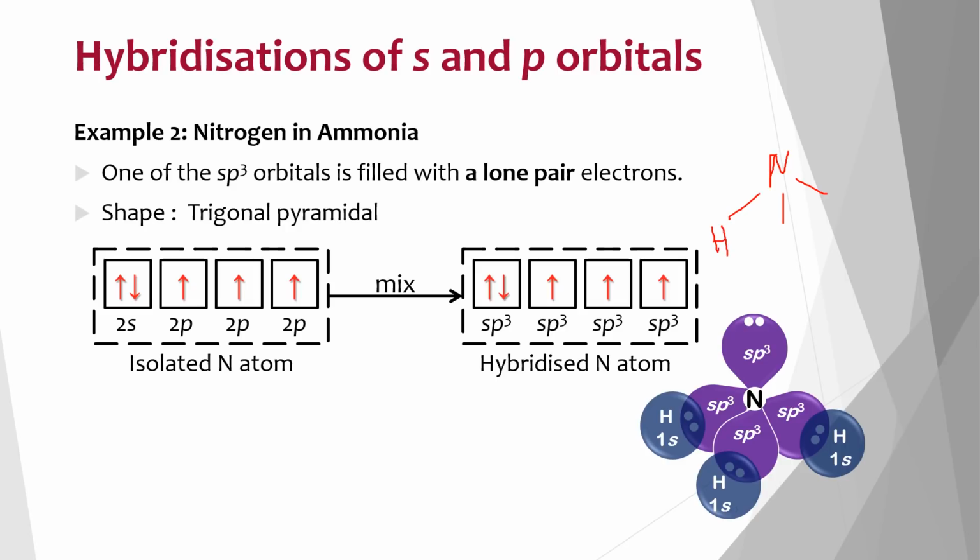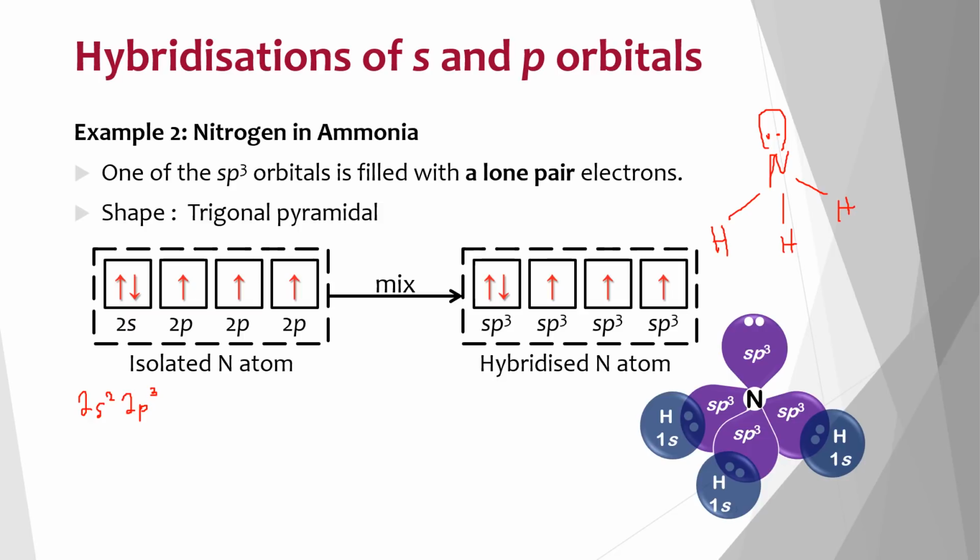It will be bonded with 3 hydrogen atoms and it will have a lone pair. Since nitrogen is the central atom, we will focus on nitrogen for the hybridization of ammonia. The electron configuration for nitrogen is 2s2 and 2p3.